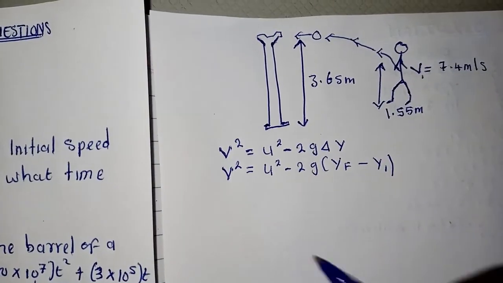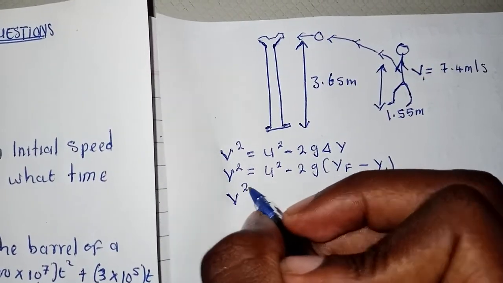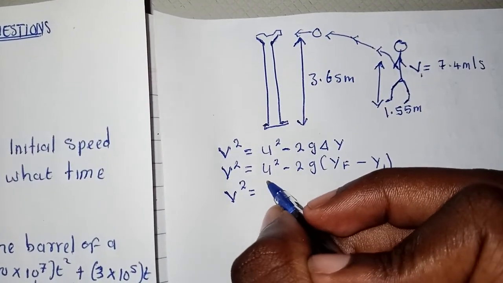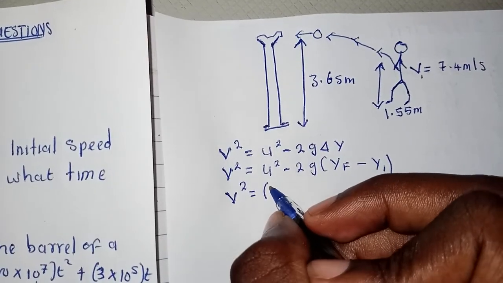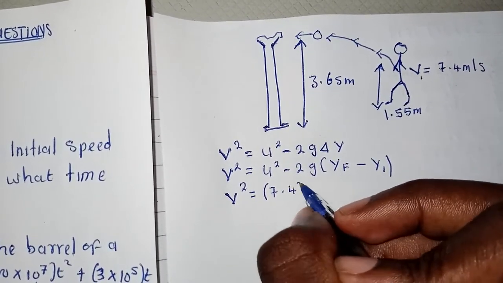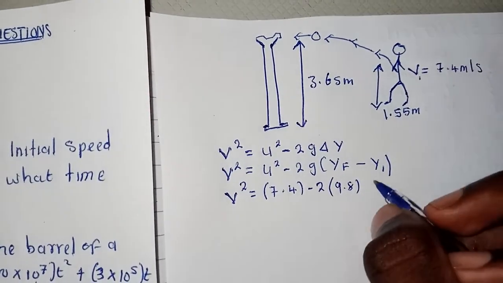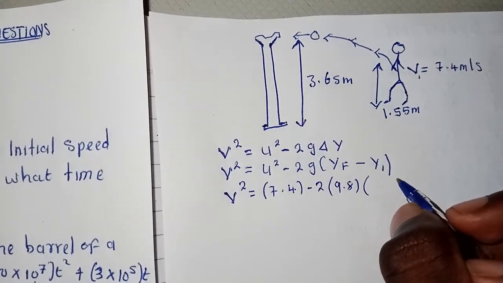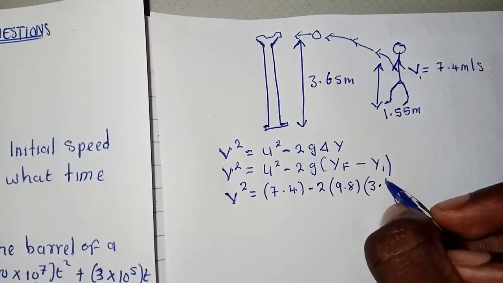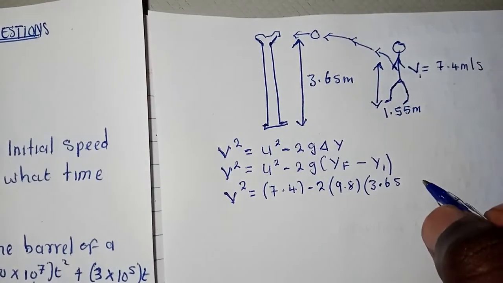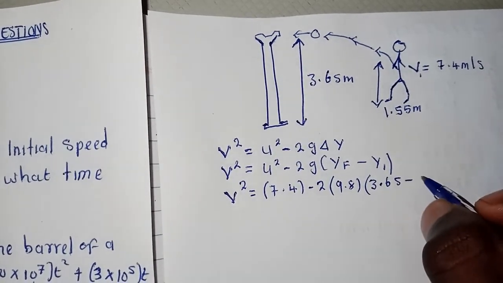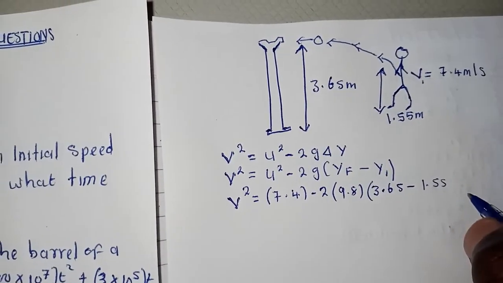So v squared equals, what is v initial? It is 7.4 squared, minus 2 times 9.8, multiplied by the brackets, where the final height is 3.65 because that's the top of the wall, minus the initial height, which is 1.55.